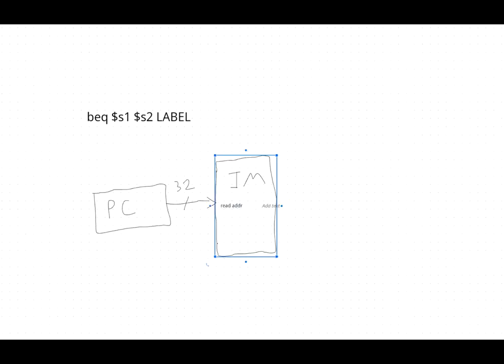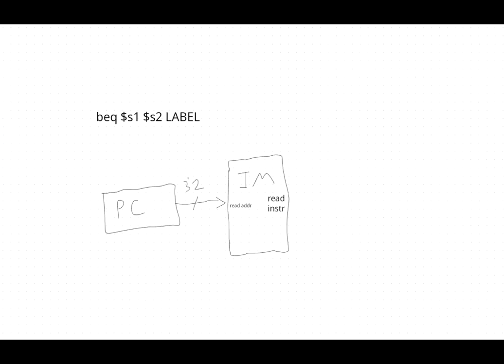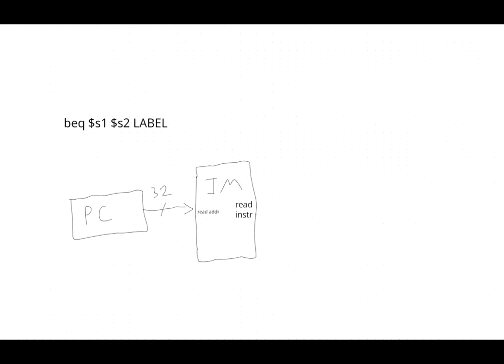Read instruction. Okay. I'm just going to write this for short. You can just write instruction and address. It's the same. They don't even put the read part. Okay, it's fine.